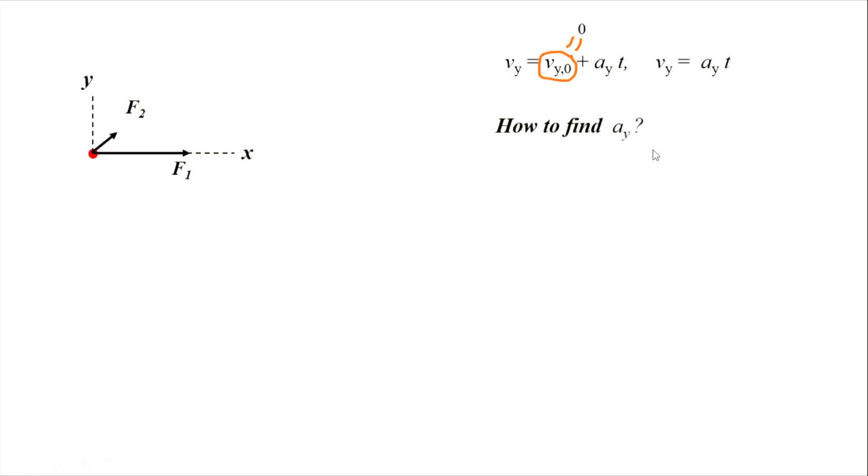How to find Ay? First, let's consider the second Newton law for this case, and we know that Fnet is the vector sum of F1 and F2. Now we can eliminate Fnet between these two equations and we get this equation for acceleration and forces.